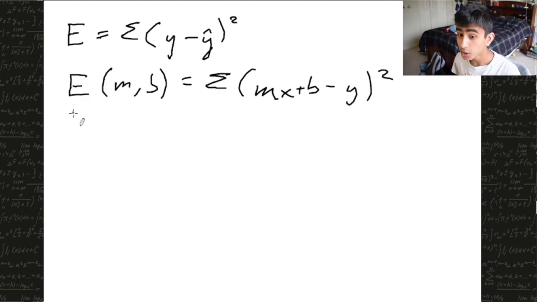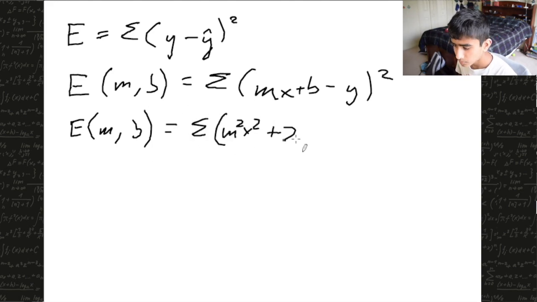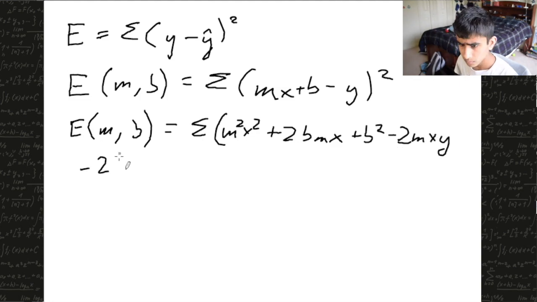So if you want to follow along, multiplication is a little bit easier when you do it this way. So then you can multiply this square out. So this is what you get when you multiply this.